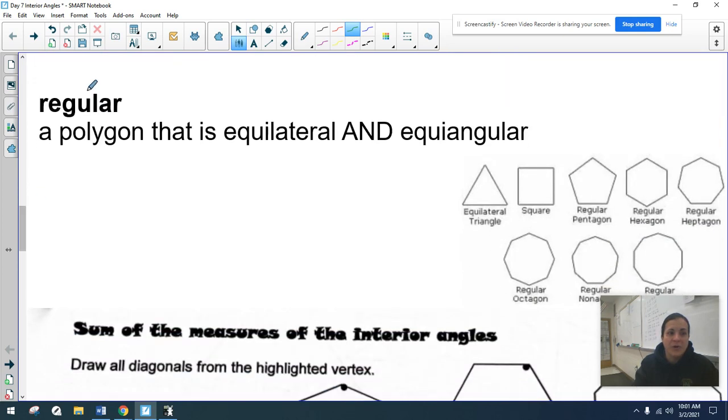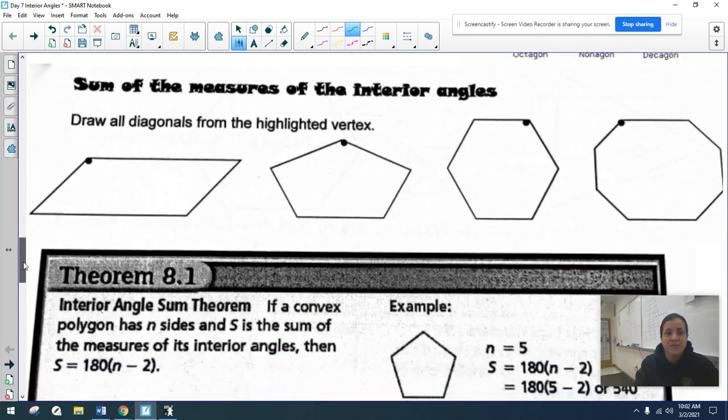Now, a very important word you're going to see a lot of is regular, and that's when it's both. So if you have equal sides and equal angles, so equilateral and equiangular. Like the triangles, we know they had all equal sides, and therefore we have all equal angles. And that works for all of these. I just gave you an example of all of them. So if you see the word regular, that's an important one. That just means all equal sides and all equal angles.